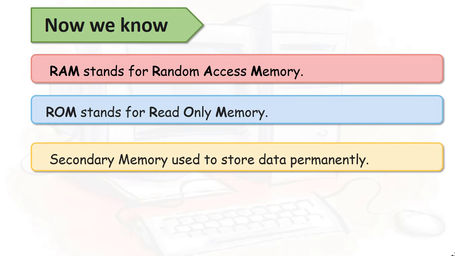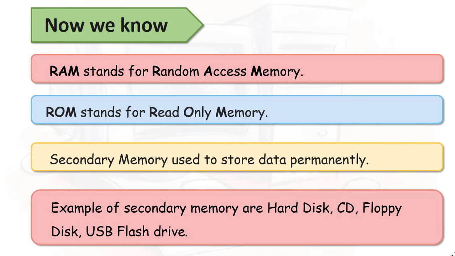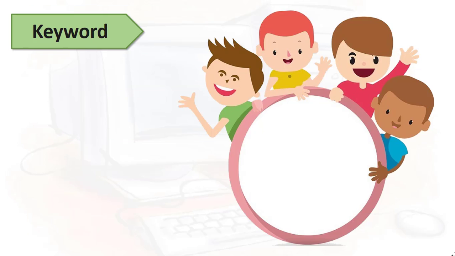Examples of secondary memory are the hard disk, CD, that is compact disk, floppy disk, and the USB flash drive, known as the pen drive. So today we learned about primary memory, secondary memory, and examples of secondary memory.